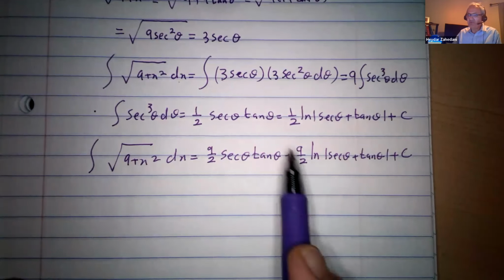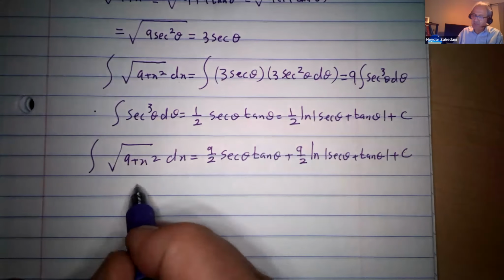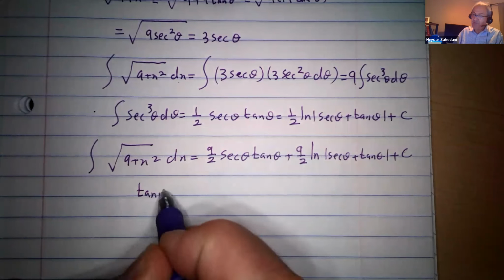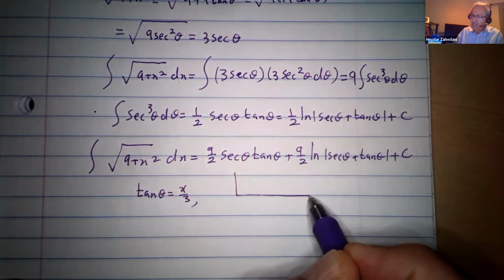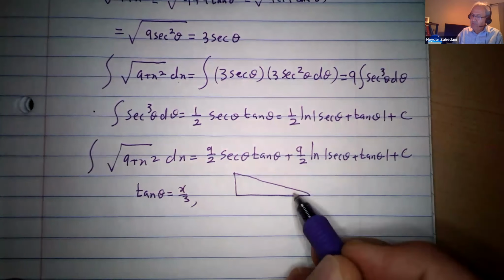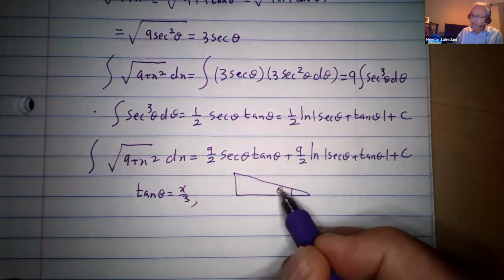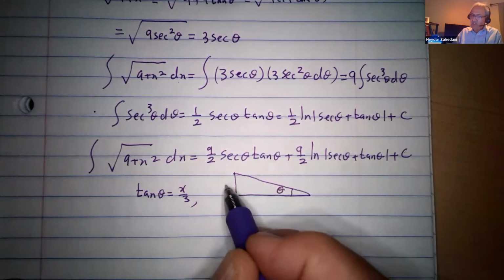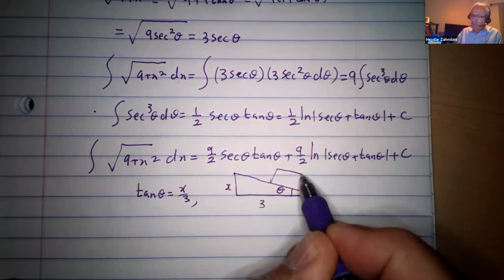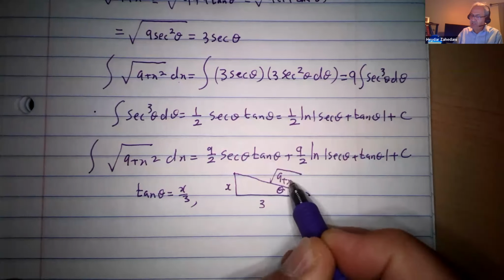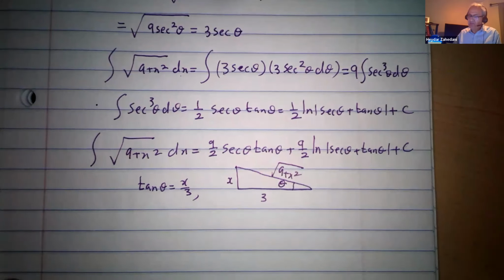Then you have to substitute here, so you have the tangent of theta. Tangent theta is x over 3, so we get the right triangle. You see, this is going to be your theta. The tangent is the opposite over the adjacent. So this is going to be that radical of 9 plus x squared that you have. Just substitute here.